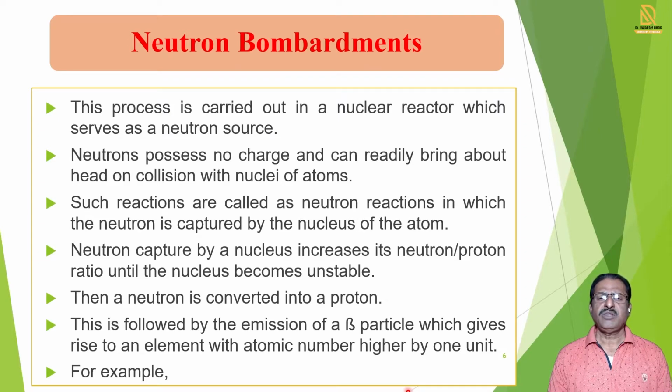Means we bombard the neutron on the target nucleus, then its neutron number increases, so the total neutron to proton ratio increases up to the stage that the nucleus becomes unstable. And when it becomes unstable, then such a nucleus eliminates some particles. So such a neutron is converted into proton or some other material.